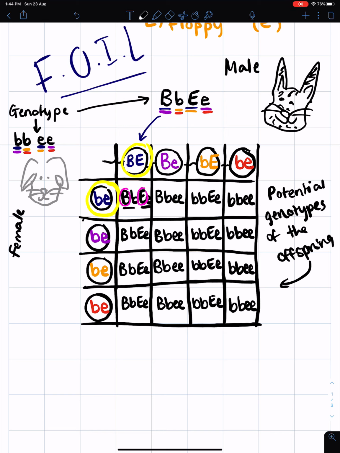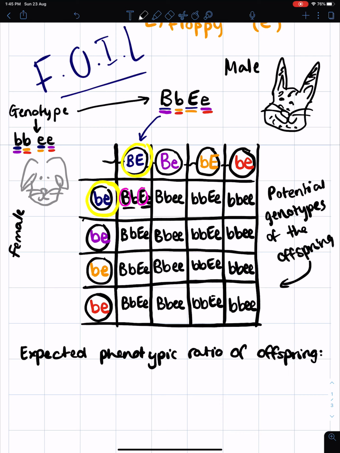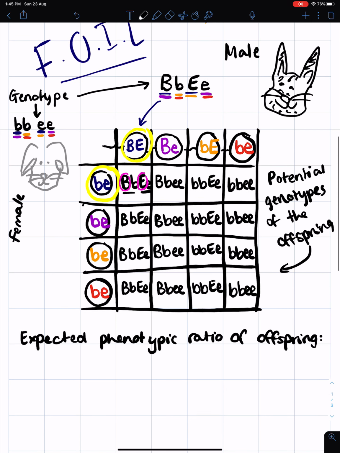And then you're also going to get asked, what is the expected phenotypic ratio of offspring? You should be familiar with this from doing your monohybrid crosses.